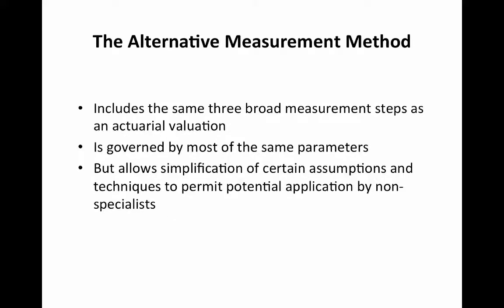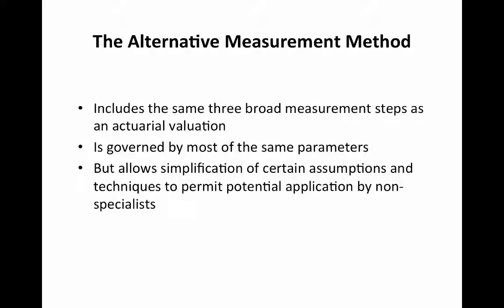And that is essentially, I won't say simplified because it's still not simple, but it does simplify some of the assumptions and techniques with the idea that a non-actuary, somebody working for the government, might be able to actually do this themselves rather than hire an actuary to do it. I think in practice what happens a lot is that they still hire an actuary, but to do the alternative measurement method, and that's less expensive than doing a full actuarial valuation.